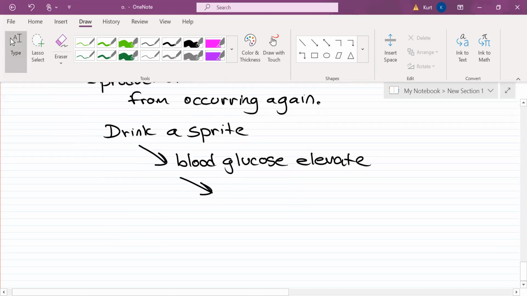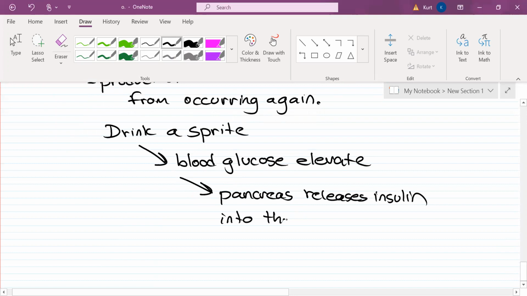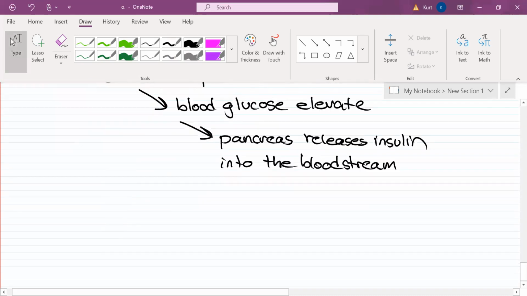Diabetics have problems with this. Yeah. Pancreas releases insulin into the bloodstream. Okay. So the pancreas releases insulin into your bloodstream.